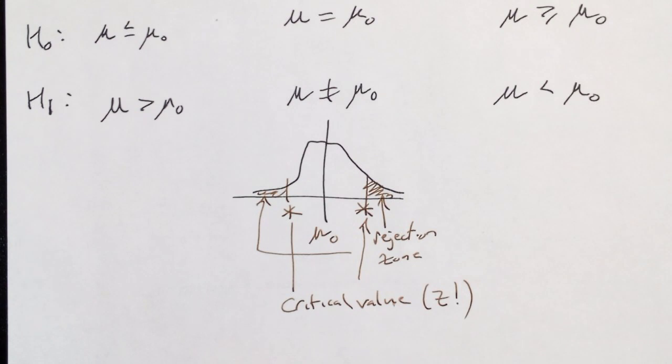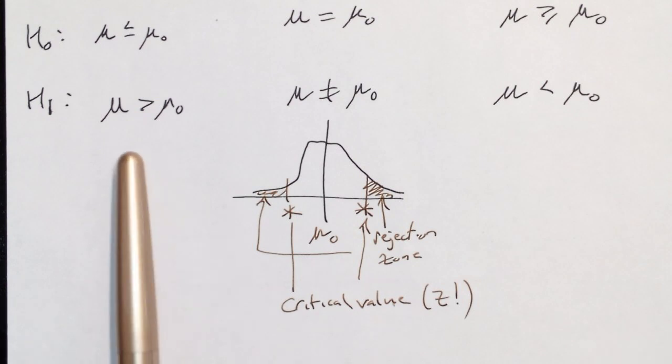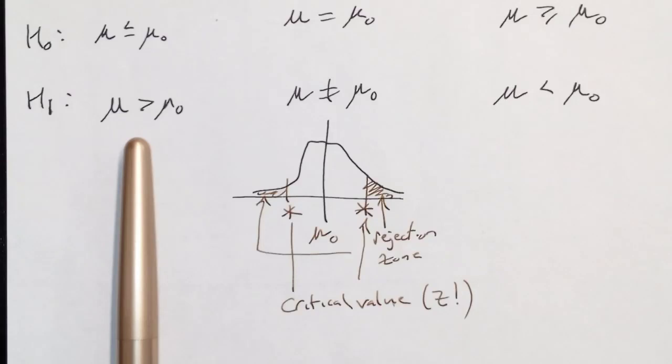Now, how does this picture change if I'm here? The only thing that changes here is the zone and the critical value that goes with it.